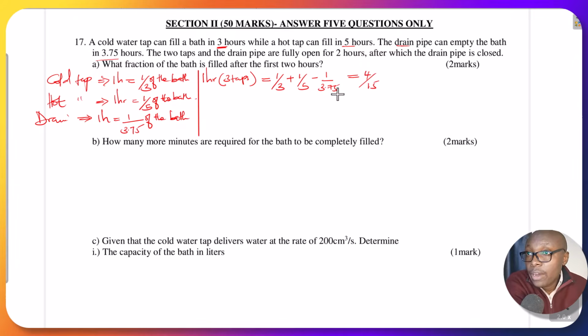So that is in 1 hour. That is the fraction of the bath that the 3 of them will fill.